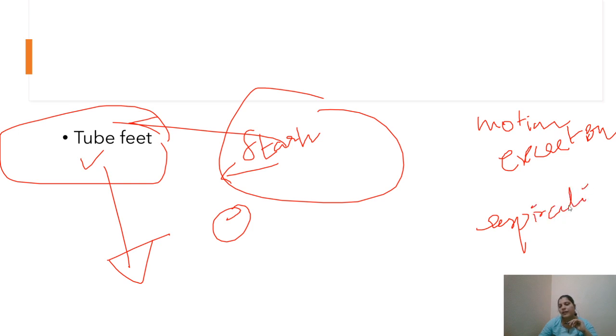So these three are the functions of tube feet, remember. Only tube feet do three activities in starfish: locomotion, excretion, and respiration.